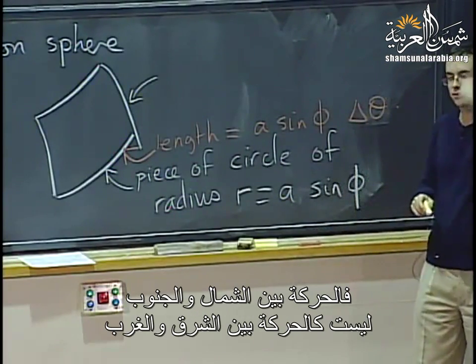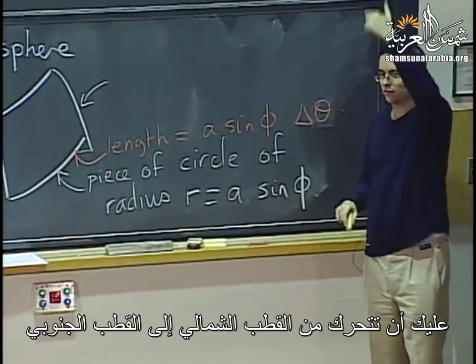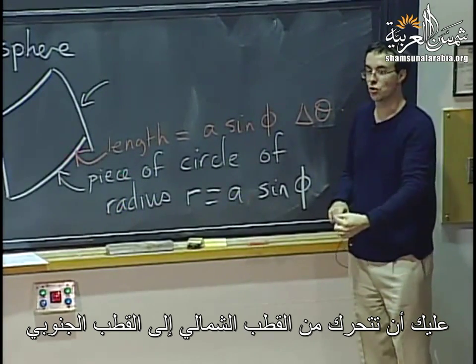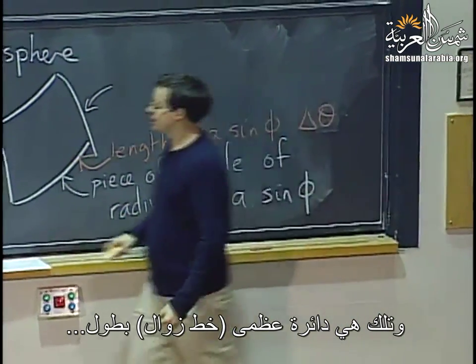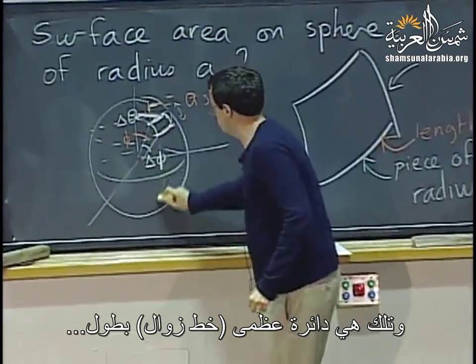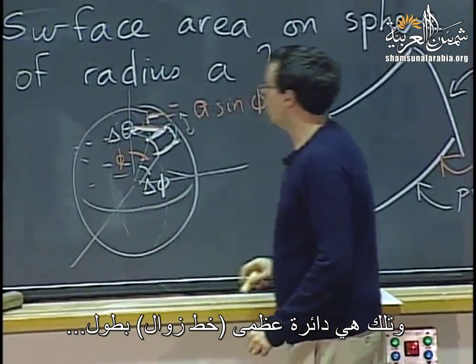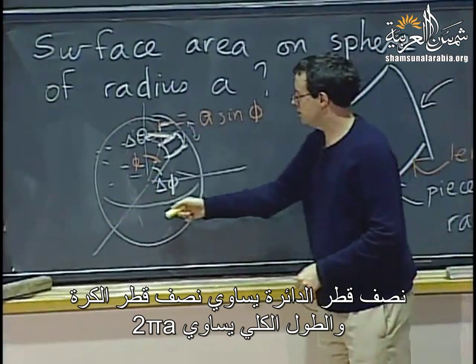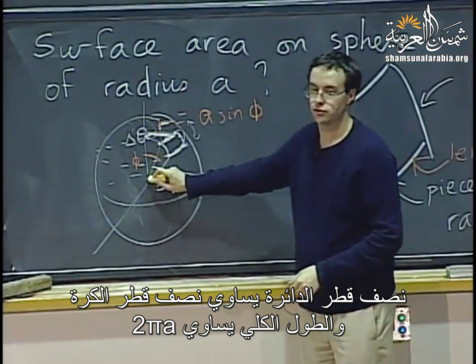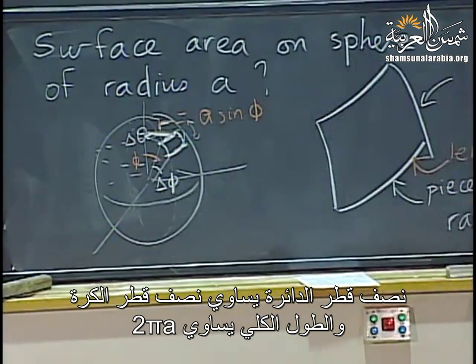Well, if you're moving north-south, it's not like east-west. You always have to go all the way from the North Pole to the South Pole. So that's actually a great circle, a meridian, of length... well, the radius is the radius of the sphere. Total length is 2 pi a.